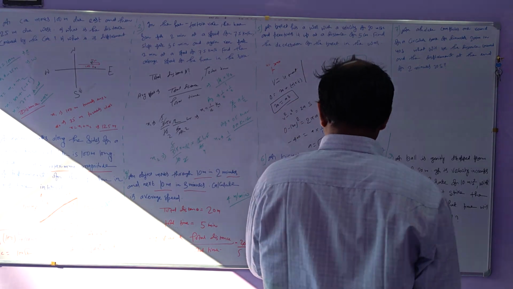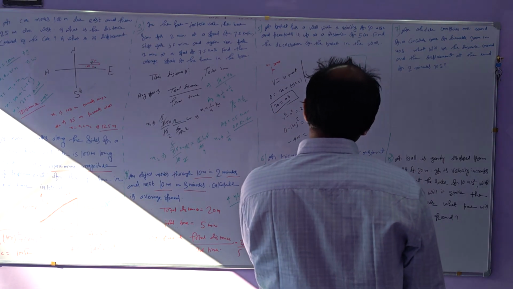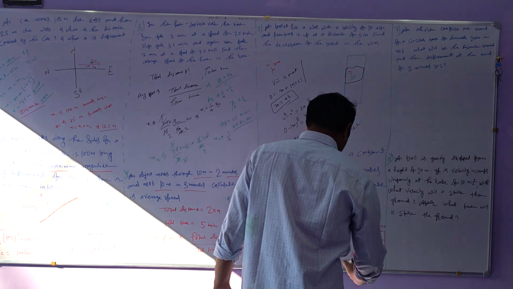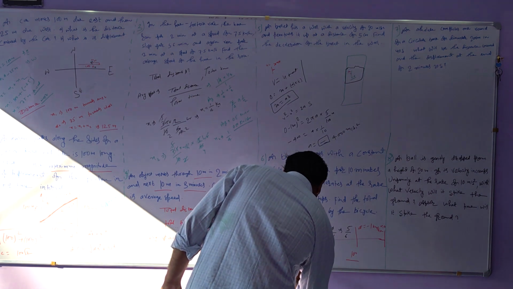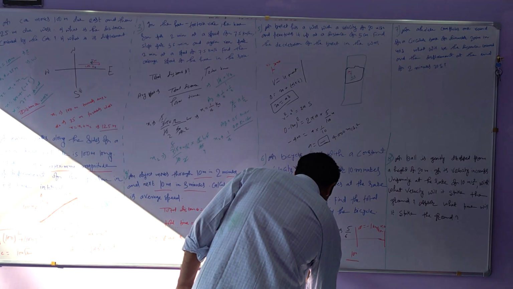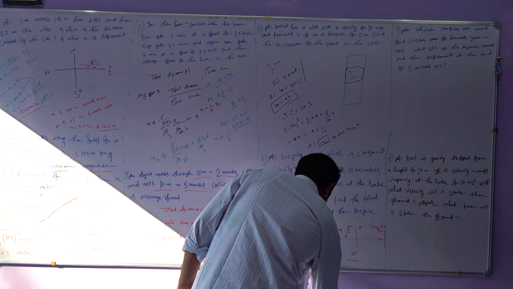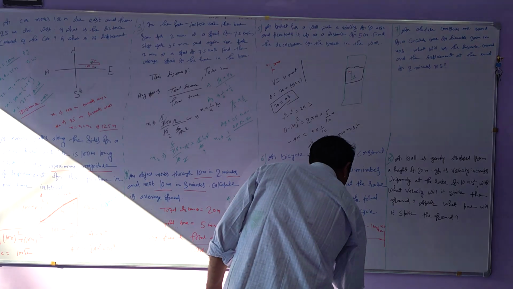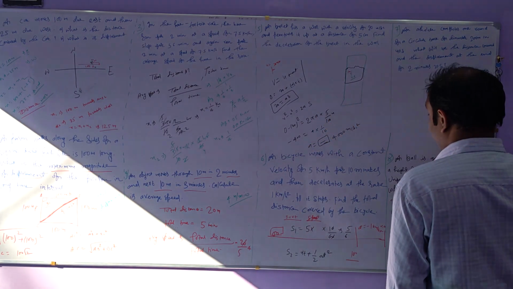And in the second one, ut plus half at square.